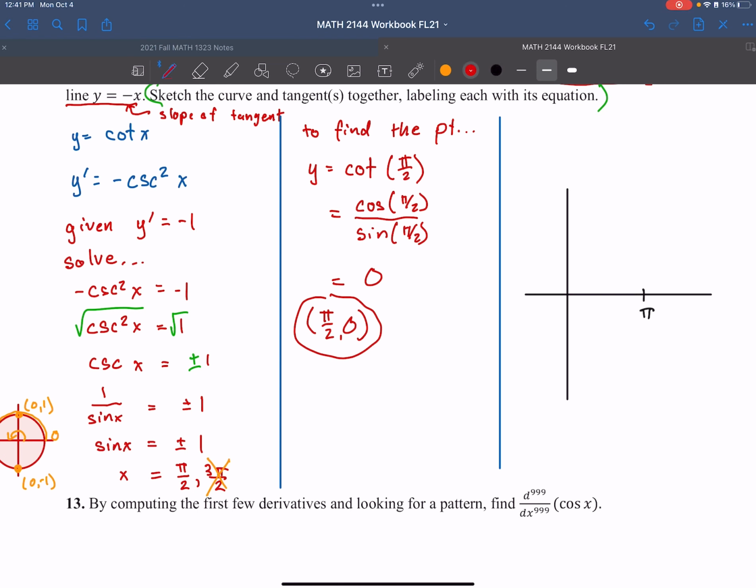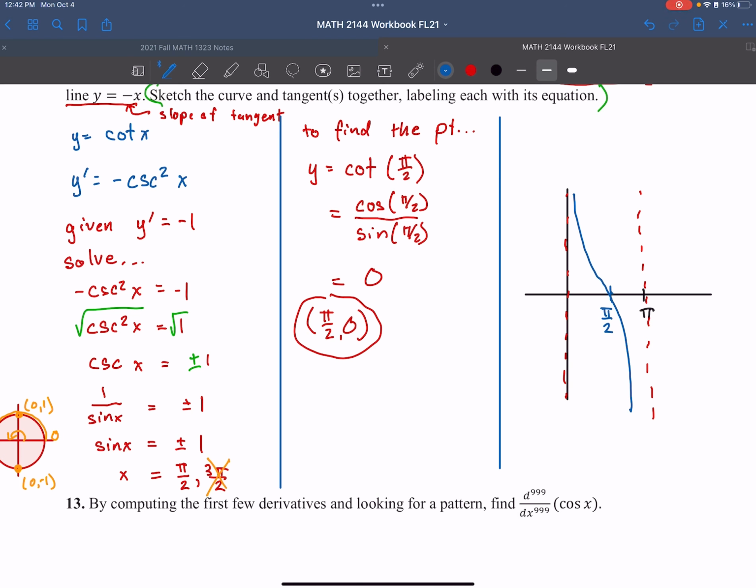Remember that there is an asymptote through pi. And the graph of cotangent is going to go right here through pi over 2. Cotangent is a decreasing function going through pi over 2 with asymptotes at multiples of pi.